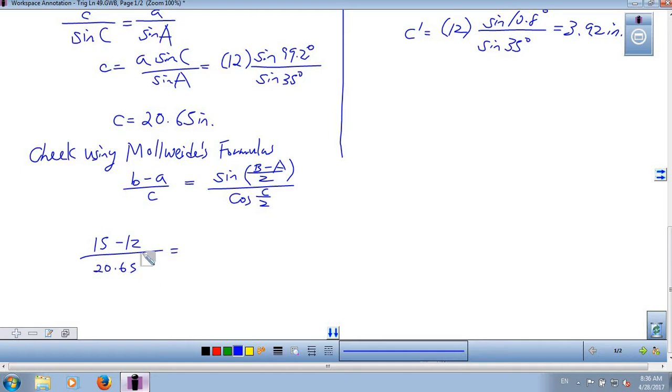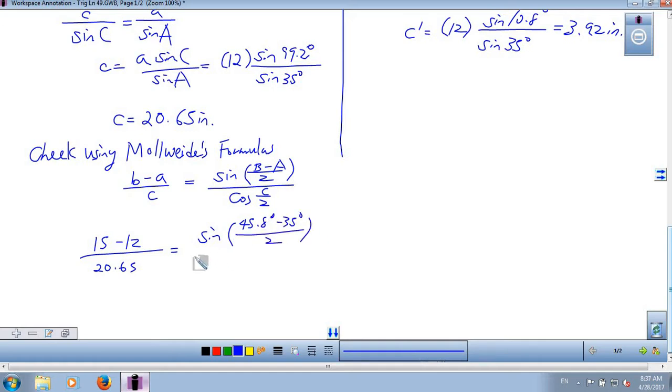Now, because we're using rounded numbers here, your answers may not be exactly the same unless you use as accurate numbers as possible. Alright, angle B in this case is 45.8. So it's sine of (45.8 degrees minus 35 degrees) divided by 2, divided by cosine of angle C.